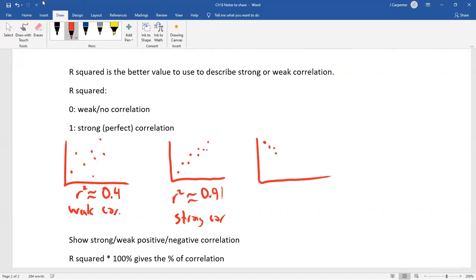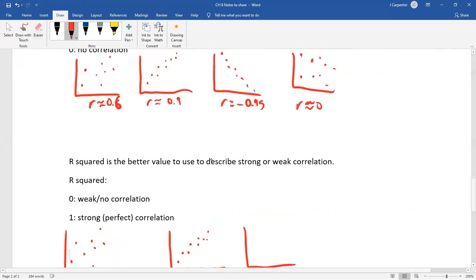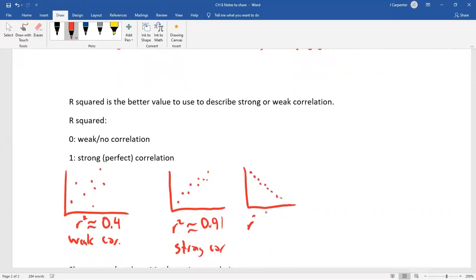The third one, I got a little ridiculous on that other axis, looked more like this. This was very tight. So that r squared is probably like 0.98, which is very strong correlation.